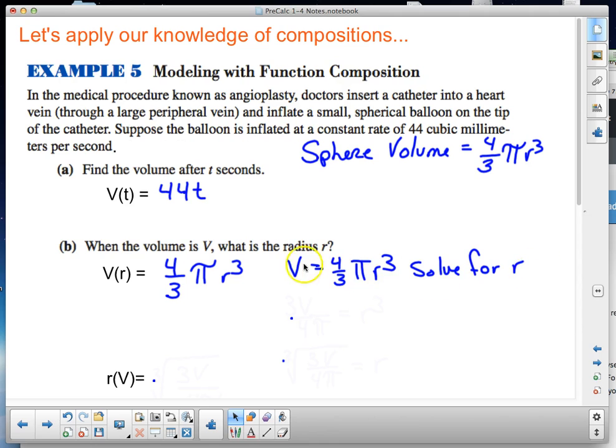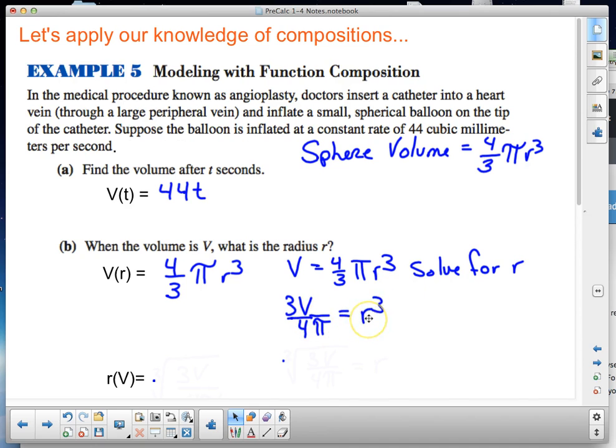We're solving for r. By the way, I'm dropping the in terms of r from the v to make our calculations easier. I multiply by 3 on both sides, divide by 4 pi, and I have r cubed. So I multiplied by 3 over 4 pi to get to this point.